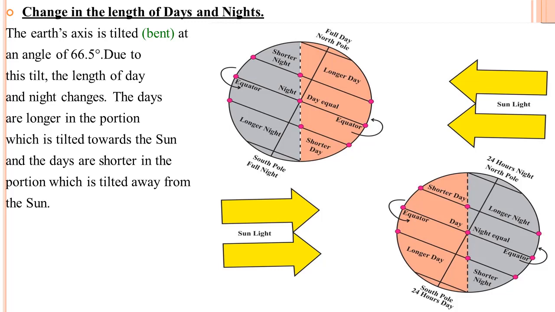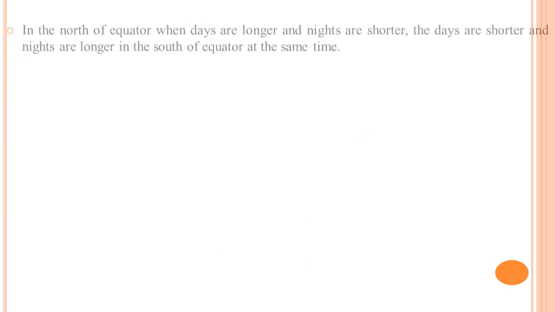Meaning, the area which is tilted towards the sun experiences long days and short nights, and the area which is tilted away from the sun experiences longer nights and shorter days.